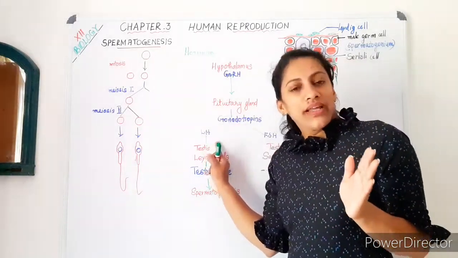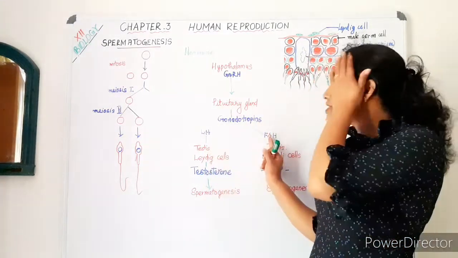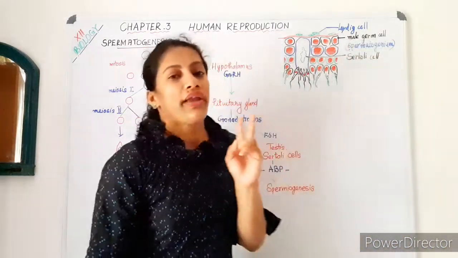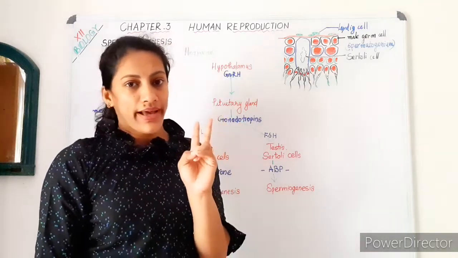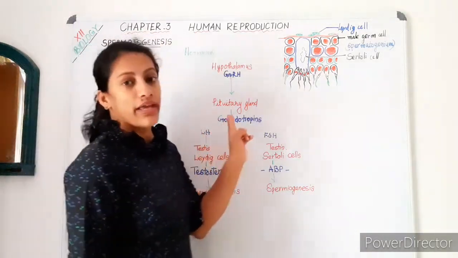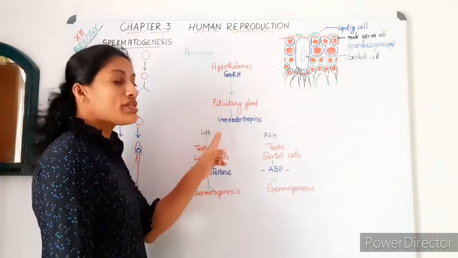LH is luteinizing hormone, the name is in connection with females. FSH is follicle stimulating hormone. So the two gonadotropins released by the pituitary gland are LH and FSH.